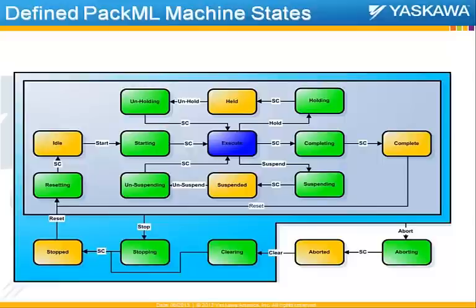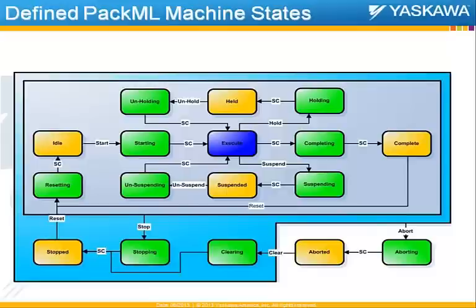I will also mention that there's these two branches here for suspending and held, and there's a subtle difference between them. The suspending branch is intended for those cases that happen during automatic operation, where the machine is executing, and then say it becomes either blocked or starved.